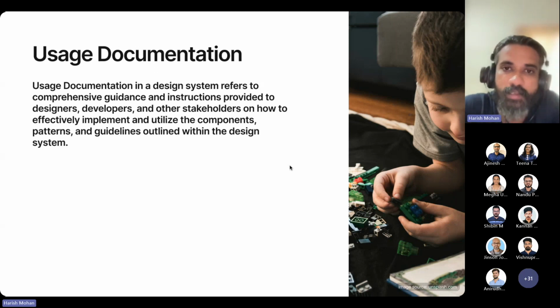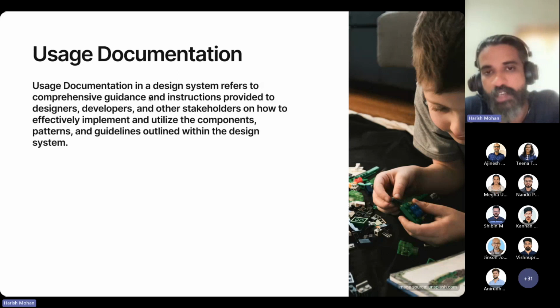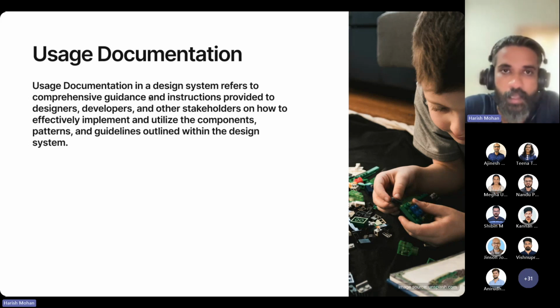Any future team member who joins your team should go through this documentation and learn about the reasons behind why these things are being decided and applied. So it refers to the comprehensive guidance and instructions provided to designers, developers, and other stakeholders on how to effectively implement and utilize the components, patterns, and guidelines outlined within the design system.